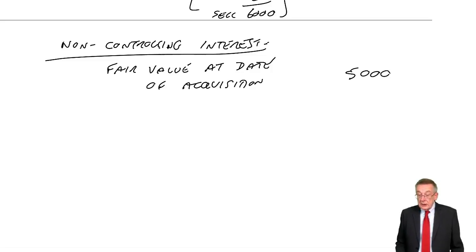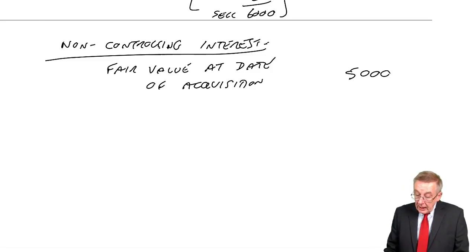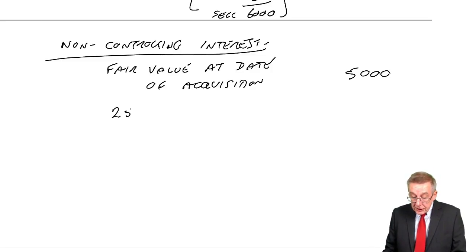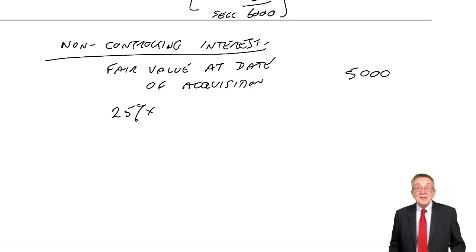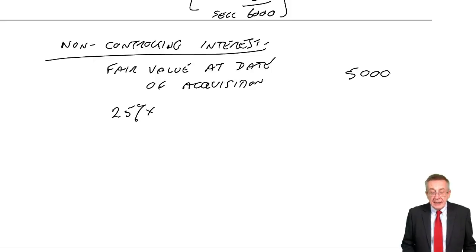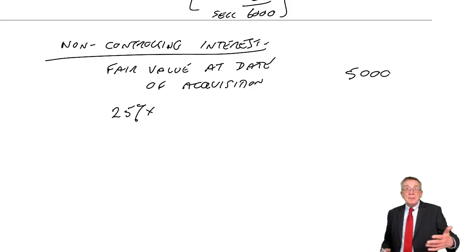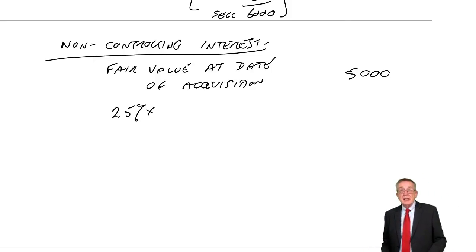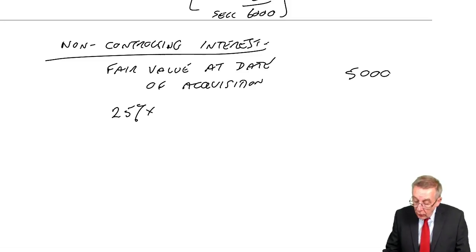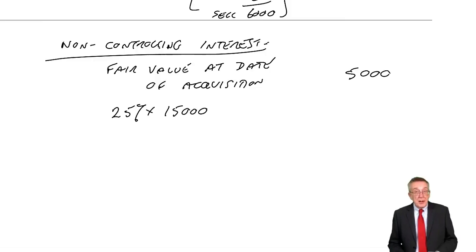And we add on the non-controlling interest share, 25%, of the post-acquisition retained earnings. Well, because P bought the shares on incorporation, all 15,000 were post-acquisition.